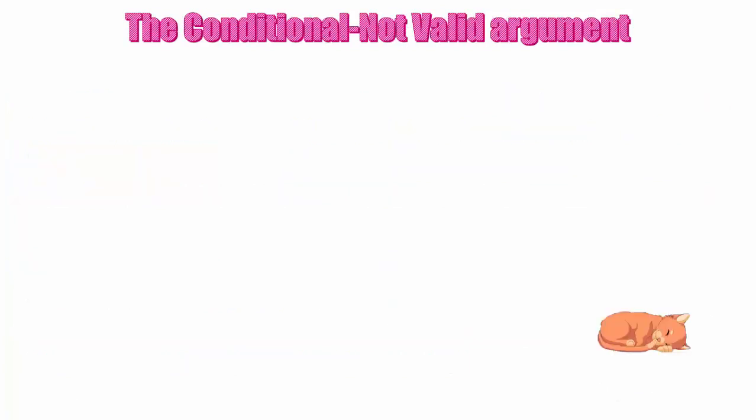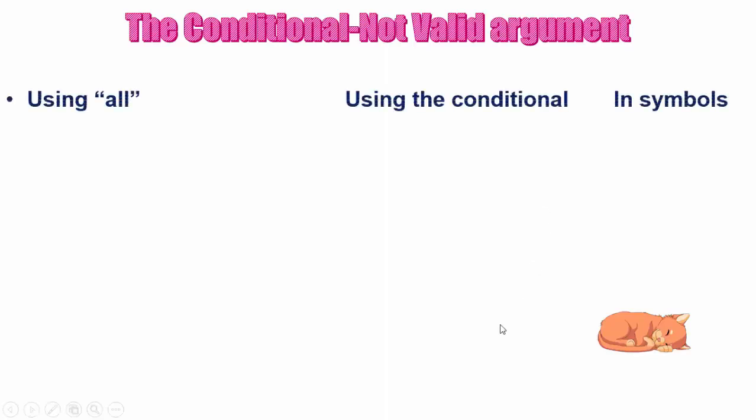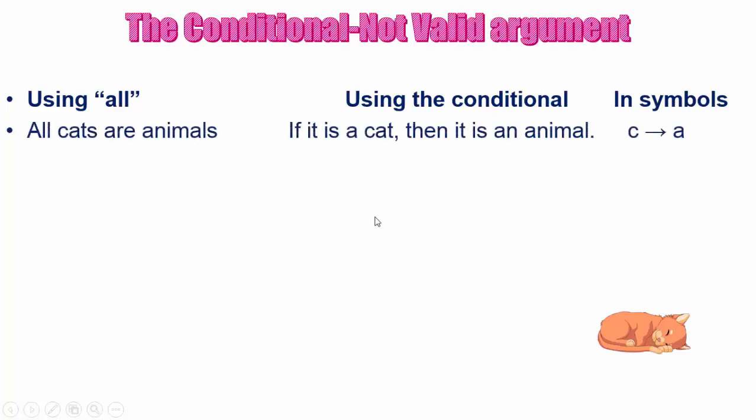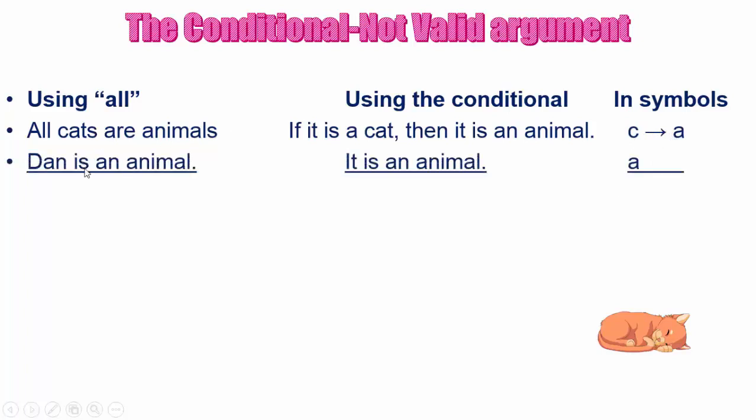Let's look at the argument that wasn't valid, about Dan. So we start out using the "all," using the conditional, and symbols. All cats are animals. Then we put it in the conditional language: if it is a cat, then it is an animal. And then in symbols, if C, then A. Now we add in the second premise about Dan. Dan is an animal.